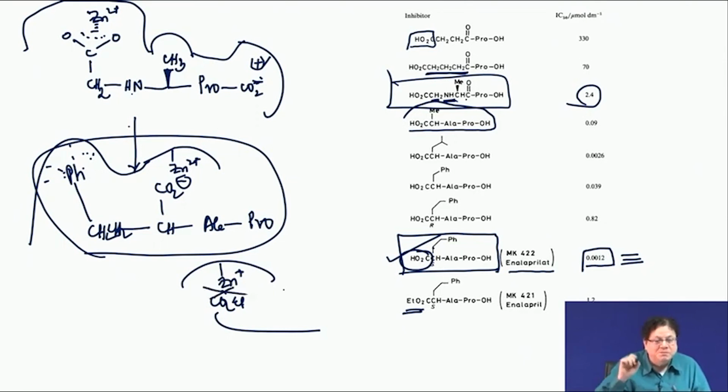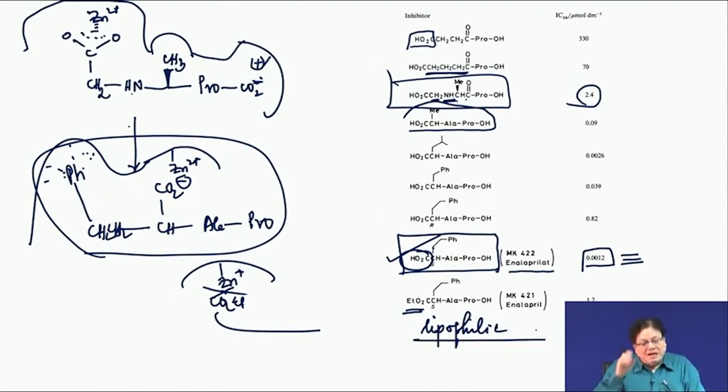That is not possible if you make the ester. As long as it becomes carboxylic acid, then it can do that. However, when you put ester, it has become more lipophilic now. I told you about the log P value. So, it satisfies the log P value if you put the ester. Okay. So, now it is absorbed from the gastrointestinal tract.